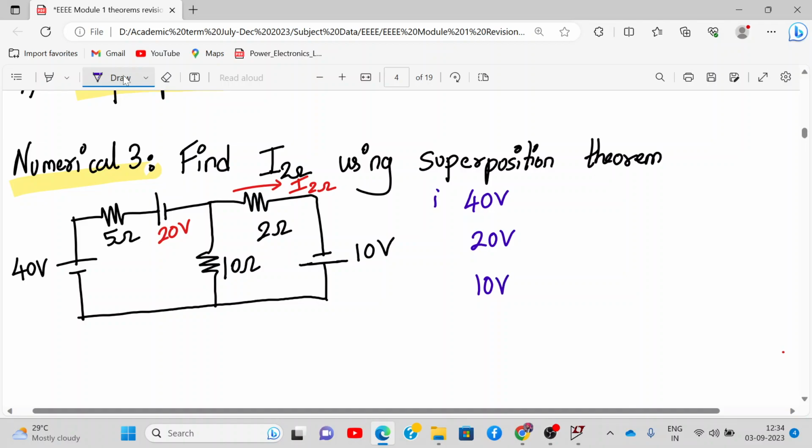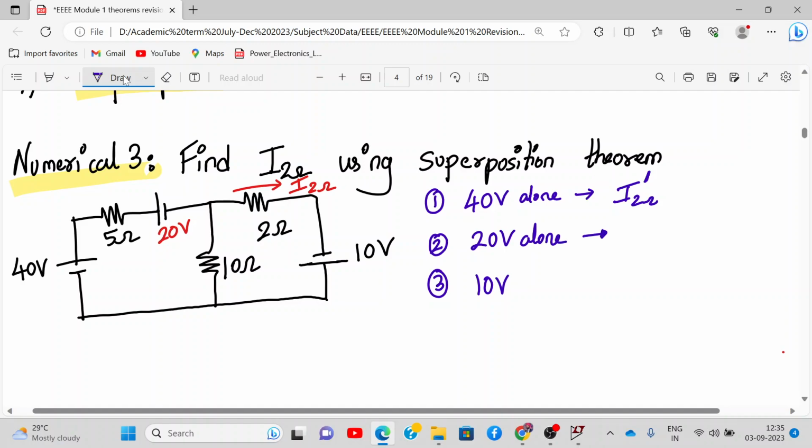So there are three cases. Case number one, case number two, case number three. We consider the 40-volt voltage source alone. Then deactivate the 20 volt and 10 volt. So consider 40 volt alone and find I2 of ohm. Let's call this I2 dash. Then we'll go to the 20-volt voltage source alone.